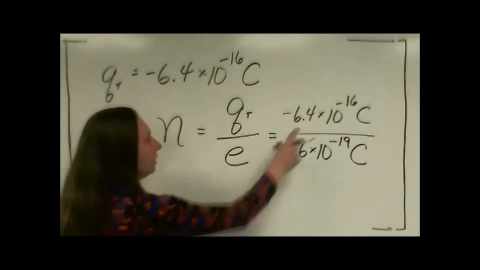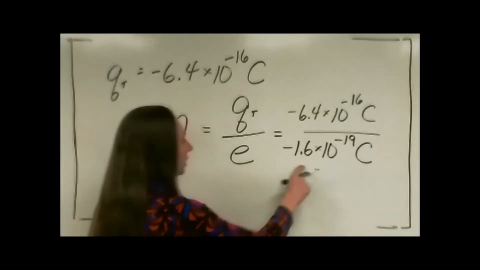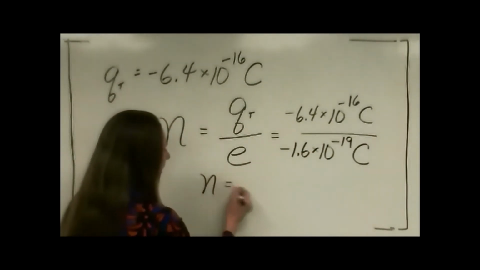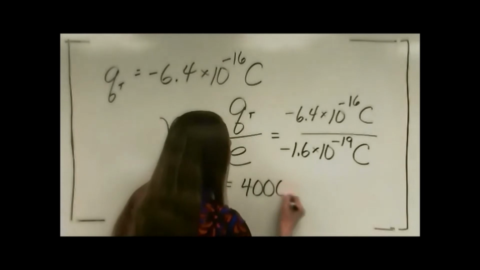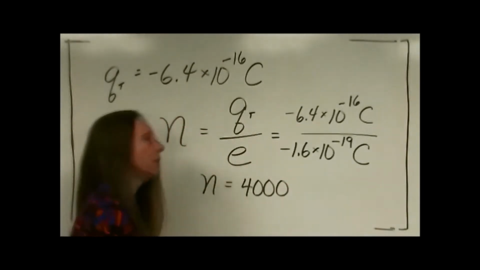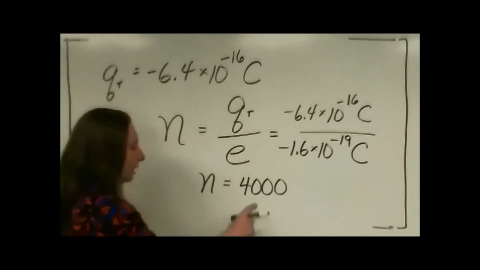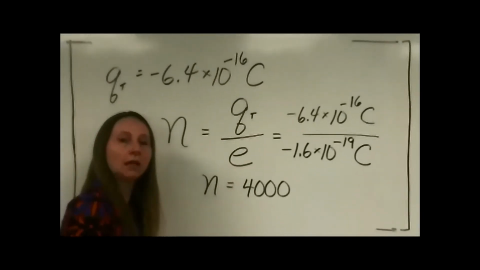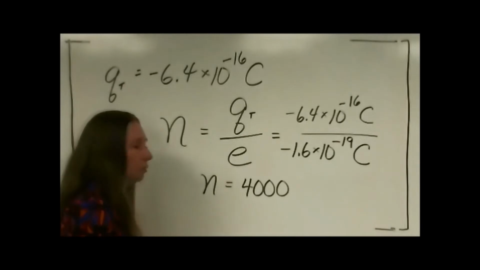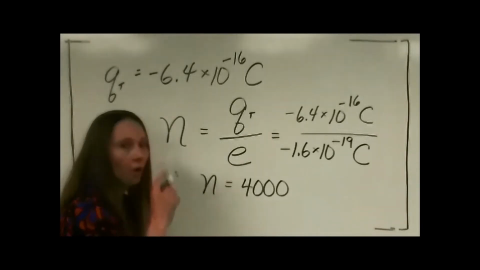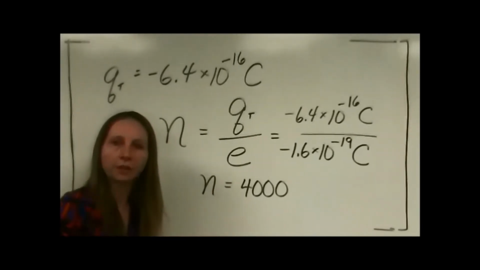Do that division, and you find that N is 4,000 electrons. So if that's the excess charge in coulombs, this is how many electrons were transferred to the rod. Now that's a small number of electrons, but you understand the concept.